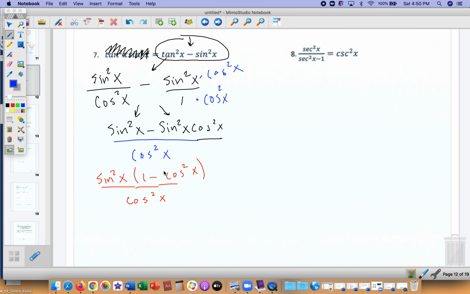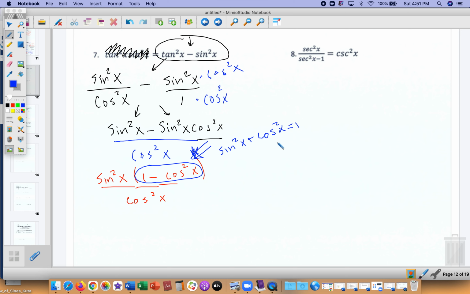Now, when I look at this, I think, okay, do I have sine and cosine? Yes, I do right now. Do I have squareds and ones? Yes. I see 1 minus cos squared x. That's when I want to go play around with my identities. So again, we know sine squared x plus cos squared x equals 1. And how can I replace this? What can I replace this with?